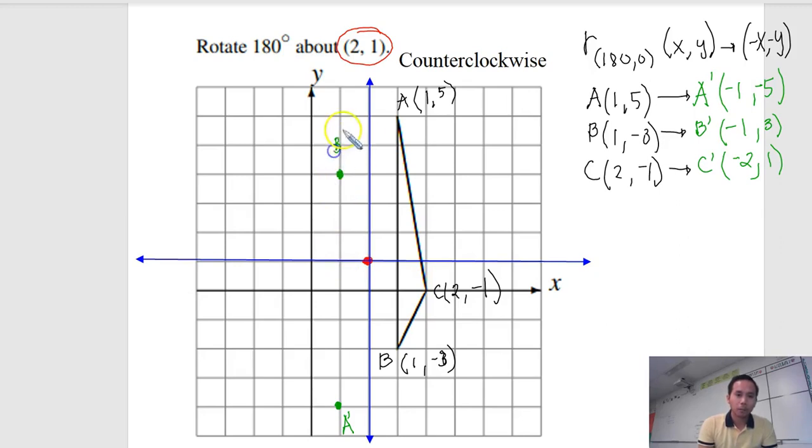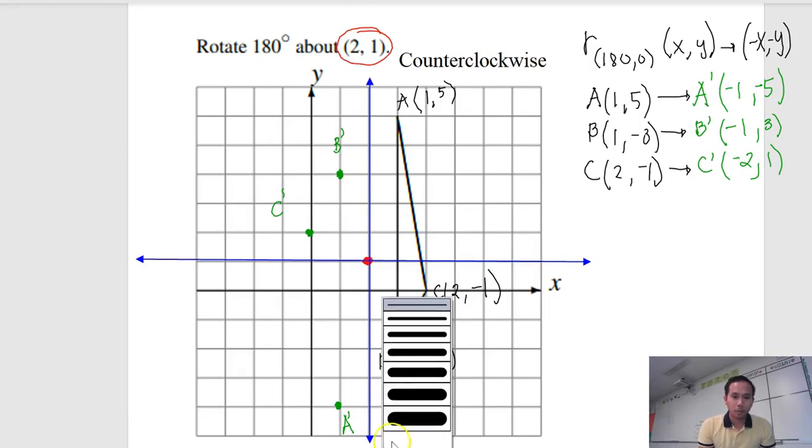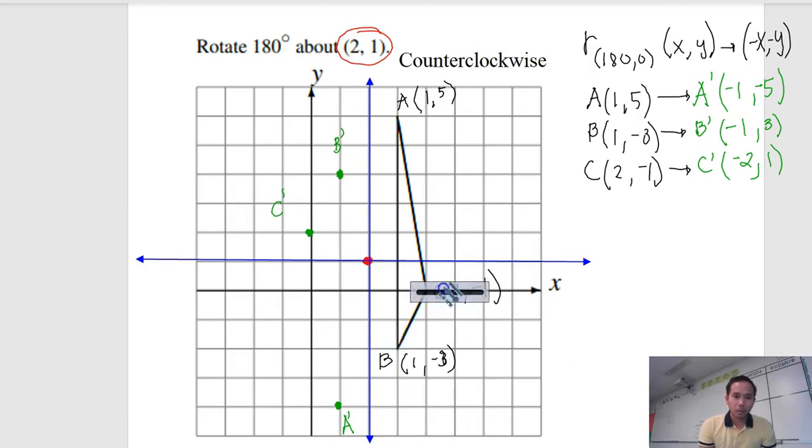This is my B prime. And my C prime will be (-2, 1). So this is my C prime. And then I'm going to connect them. So connect B prime to C prime, then from B prime to A prime, and then C prime to A prime.